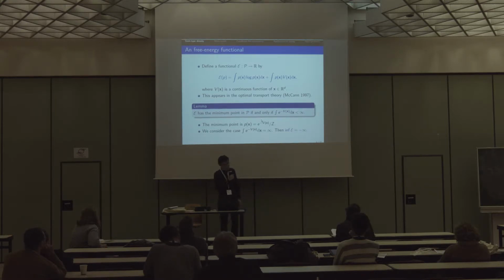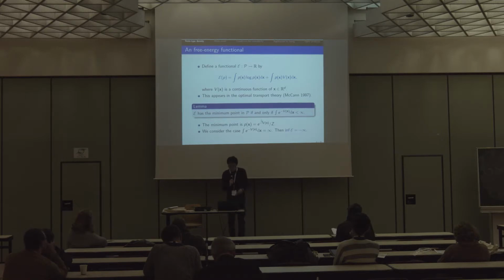And here is a simple lemma. It is not difficult to prove. The functional E has the minimum point in the space P if and only if this integral is finite.